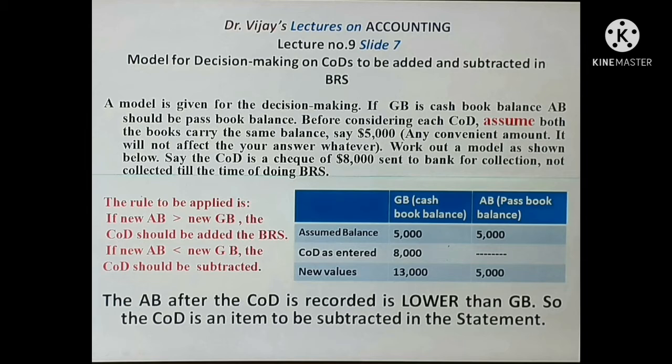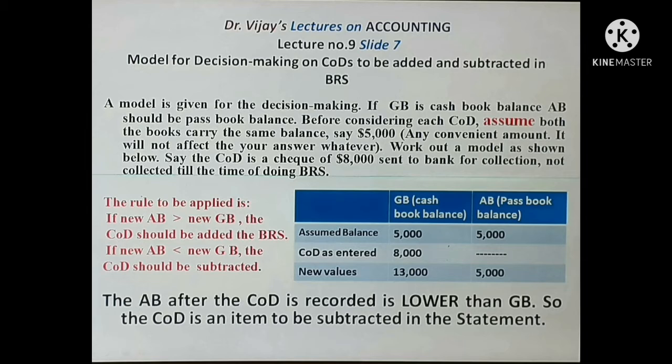And in the present case, look, new arrived balance is a lower value. Therefore, the checks sent for collection, not collected and credited in the passbook, is an item to be subtracted in the reconciliation statement. Read the last sentence. The AB arrived balance after COD is recorded is lower than GB. So the COD is an item to be subtracted in the statement.